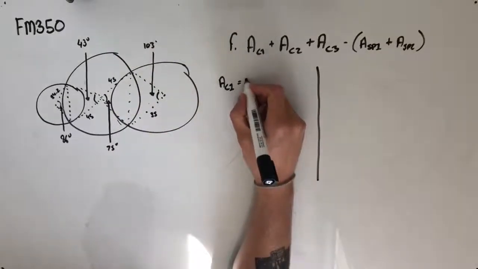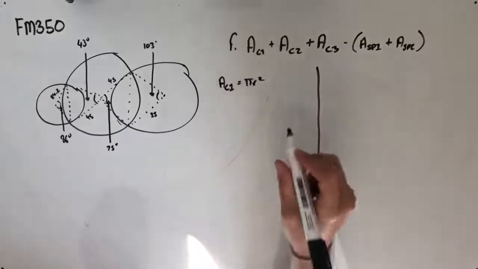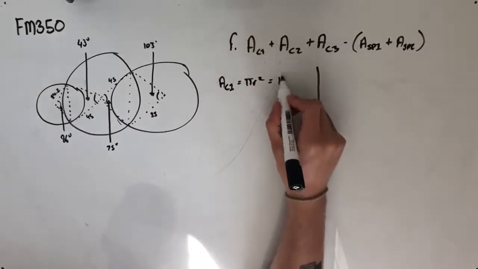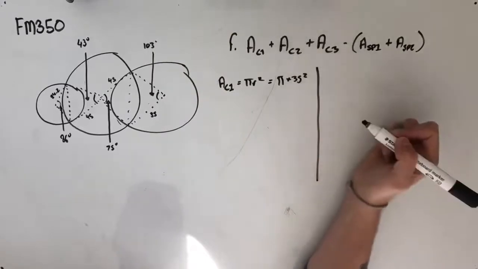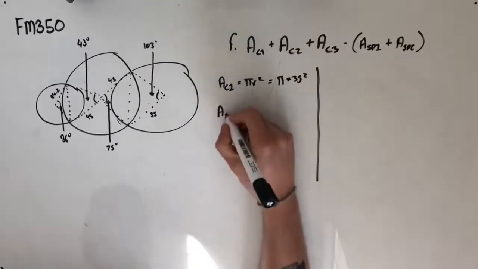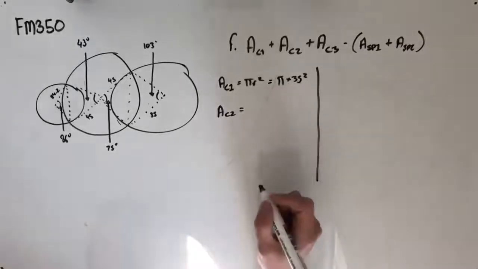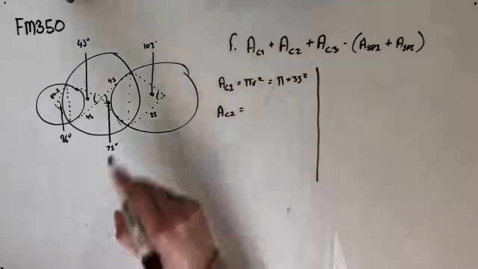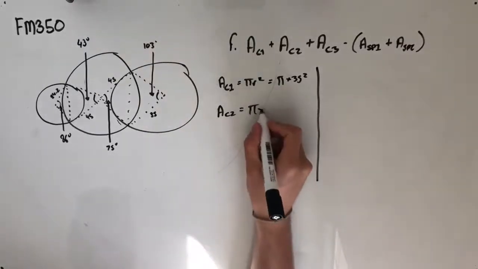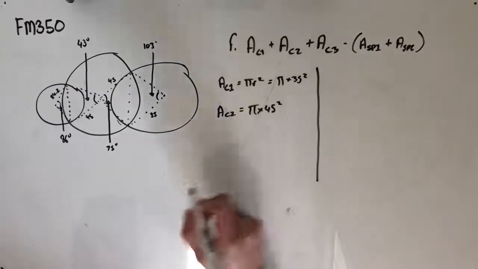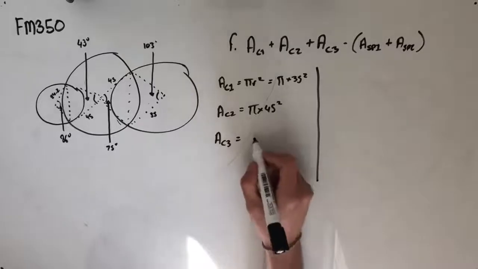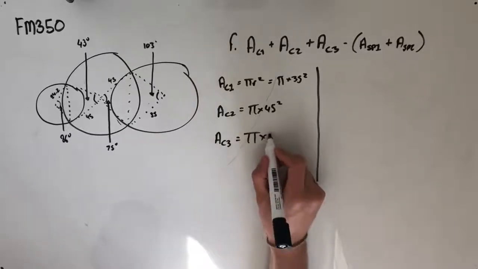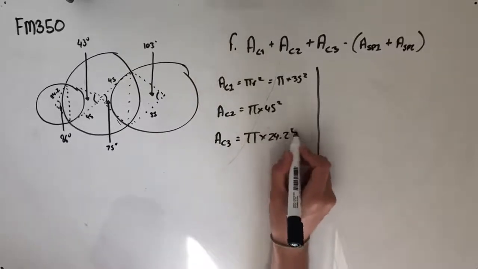We're going to use the formula pi r squared, which in this case is just pi times 35 squared. The area of circle 2, we're going to use the same formula, so this is going to be pi times 45 squared. And the area of circle 3 is going to be pi times 24.2 squared.